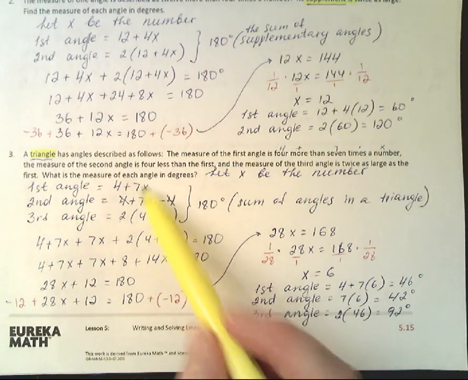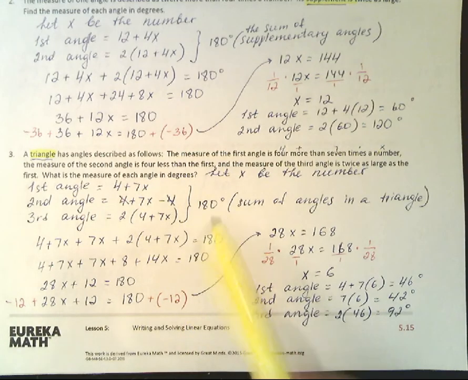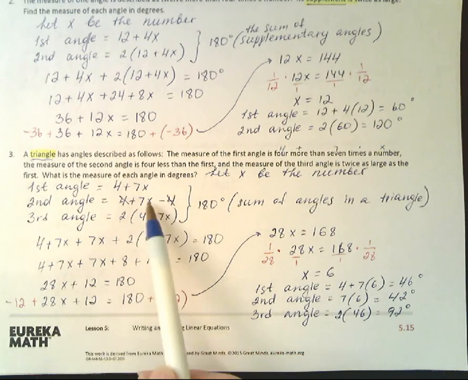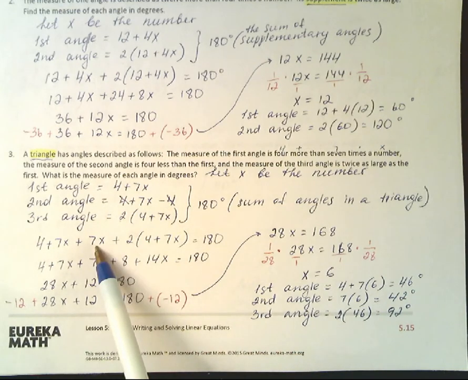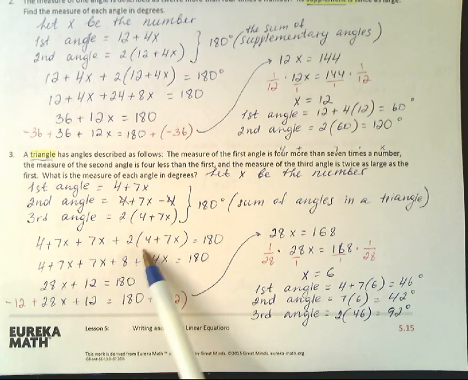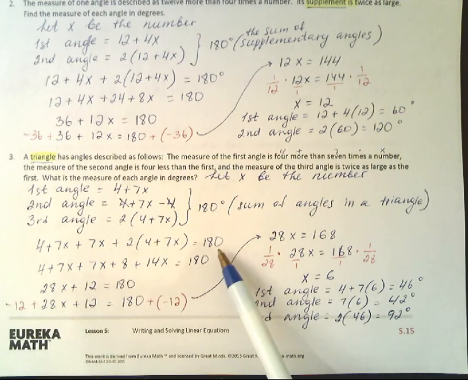So when I add these three angles together, I will get 180. That's what I did here: 4 plus 7x plus 7x of the other angle plus twice the sum of 4 plus 7x for the third angle, that equals 180.